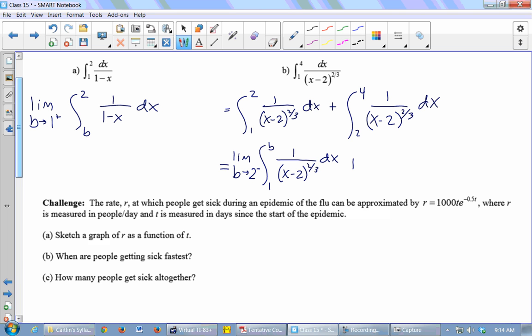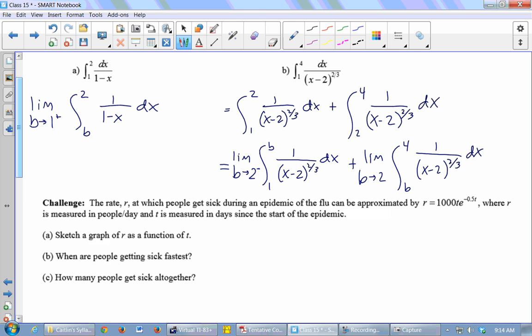And then in this case, we're going to take the integral from b to 4. And take the limit as b approaches 2. And in this case, b is the lower bound. So instead of going from 2 to 4, we'd go from like 2.1 to 4, right? 2.01 to 4, right?